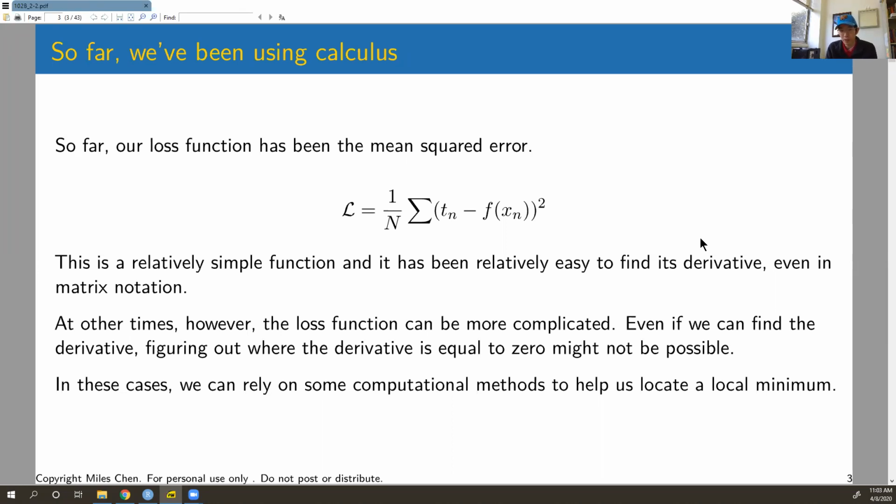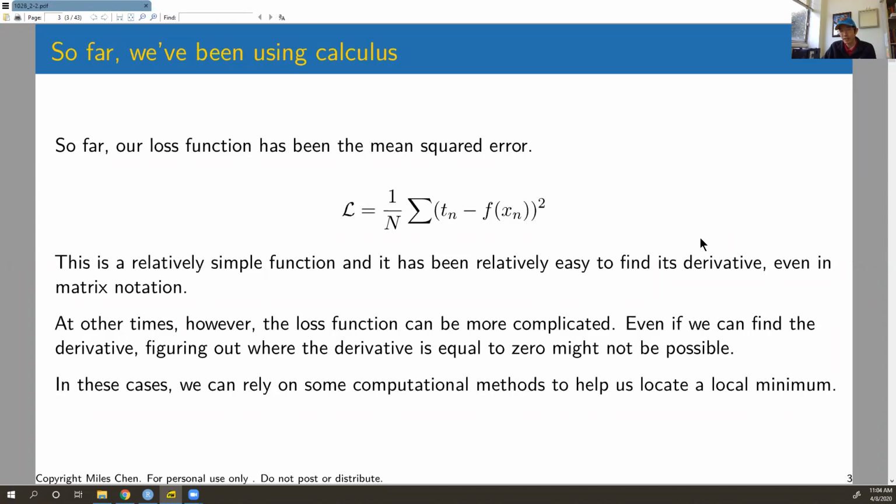We would have some kind of function, and we've been using calculus to find the derivative or the gradient of this function, and we would set that derivative or gradient equal to 0, and we would solve. That's what we did a couple lectures ago.